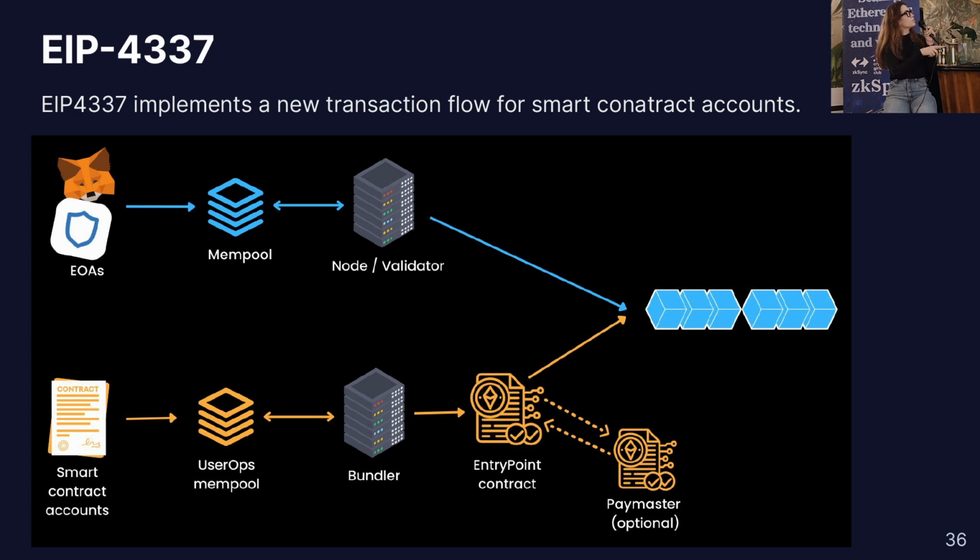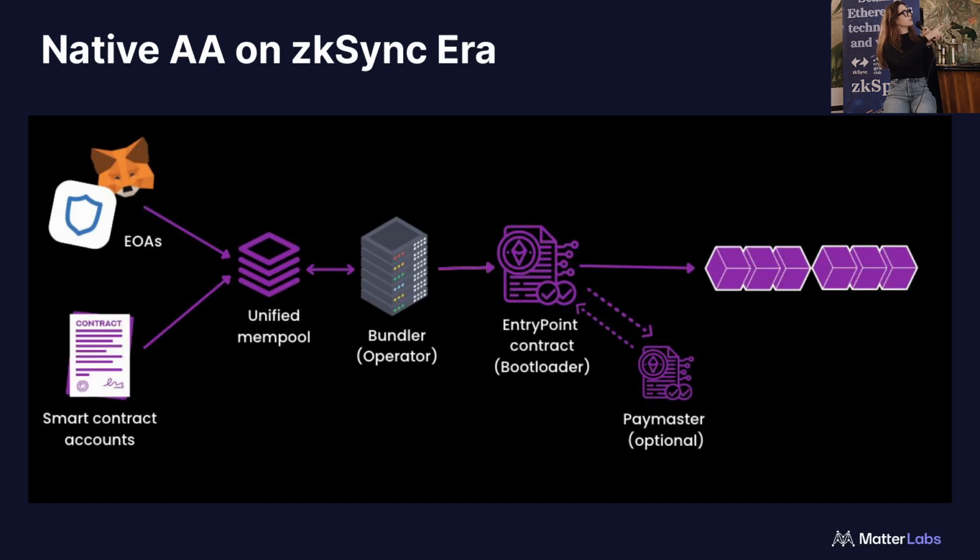Here we have the operator in our protocol, which acts as a bundler that collects all of the transactions coming from two different types of accounts. And then we have the bootloader that acts as an entry point that collects all of these and sends them to the blockchain.